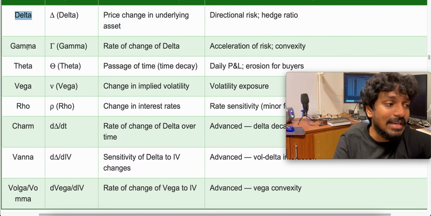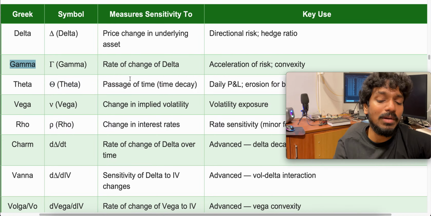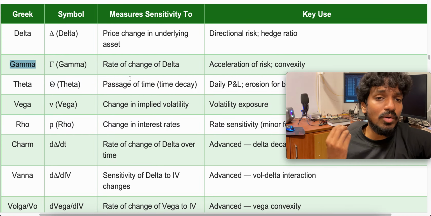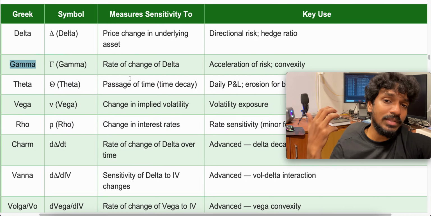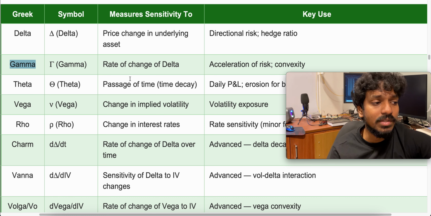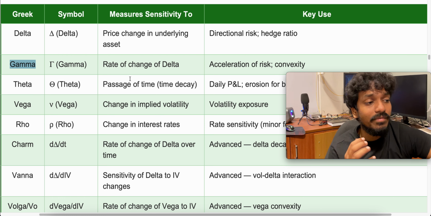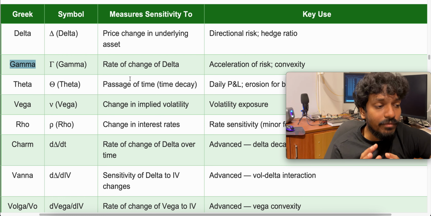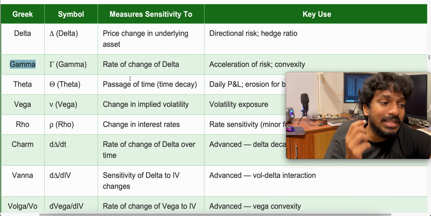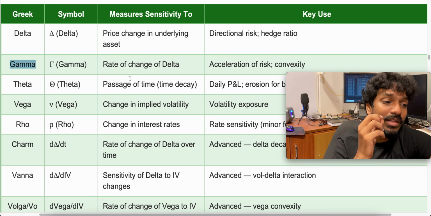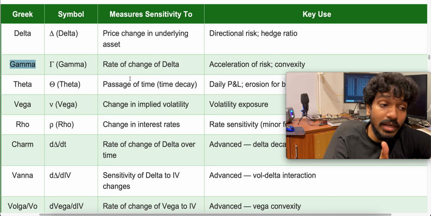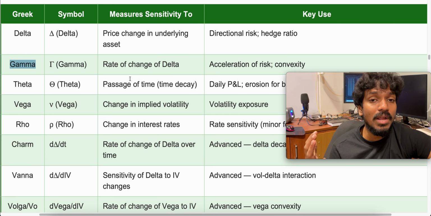And next one is gamma. What is gamma? Gamma is not only used here, whatever strategy we build, we will use this. Gamma is very, very simple. It's going to find out the rate of change of the delta, to find out how much risk is there in our portfolio.